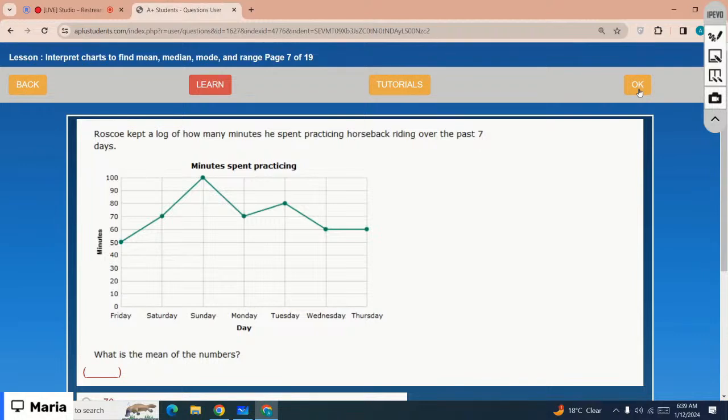Okay, the next one is Roscoe kept a log of how many minutes he spent practicing horseback riding over the past 7 days. What is the mean of the numbers? So, which is the correct option?